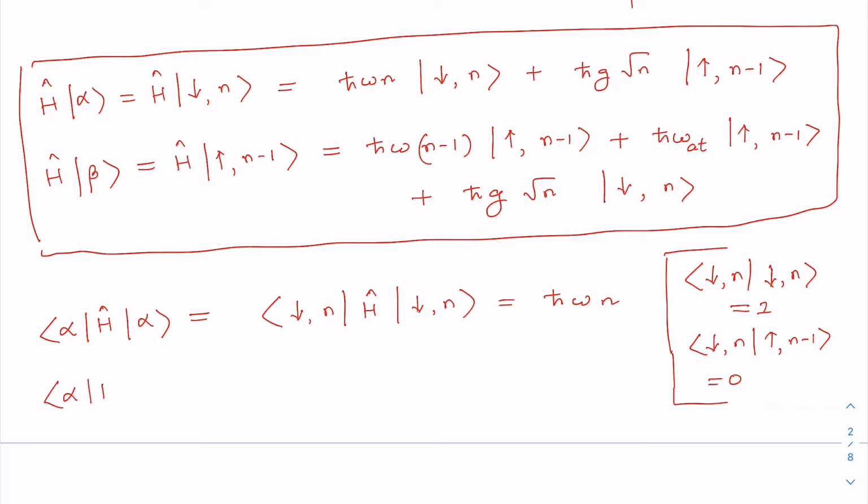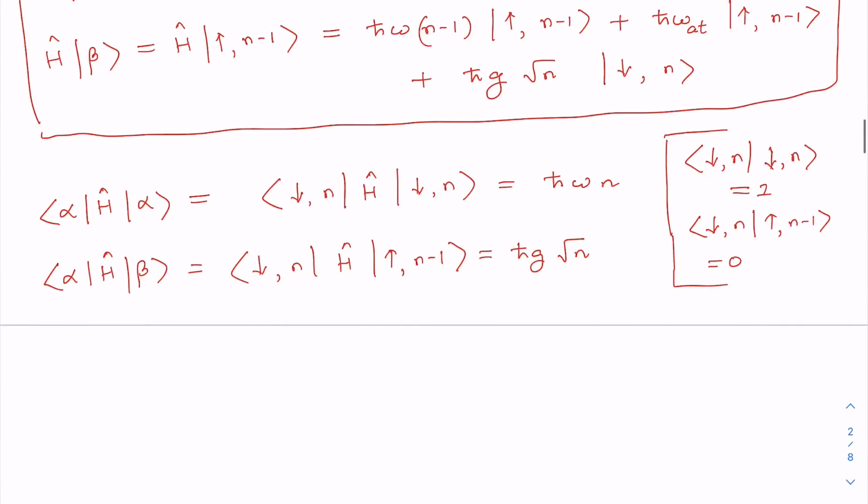Similarly, alpha H beta, here it is the up state and n minus 1. If you look at this term, you can find that it equals ħg square root of n.